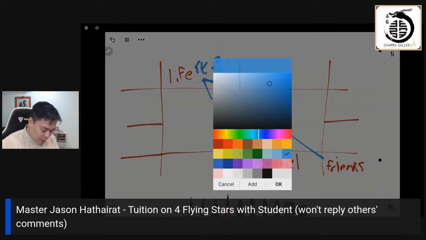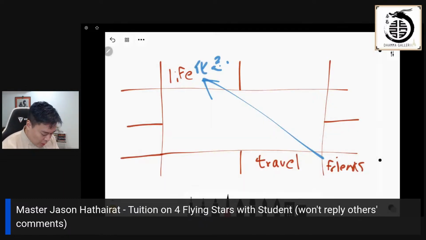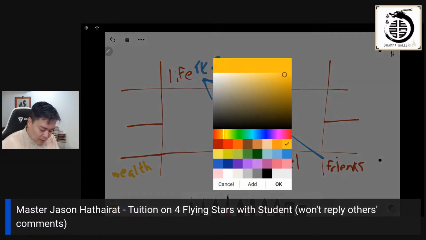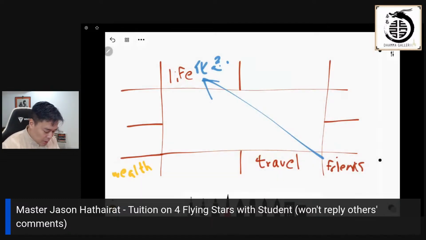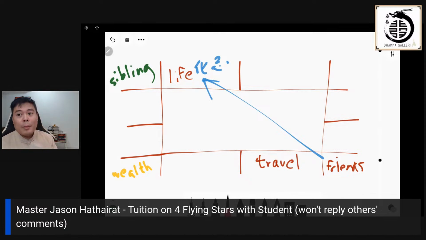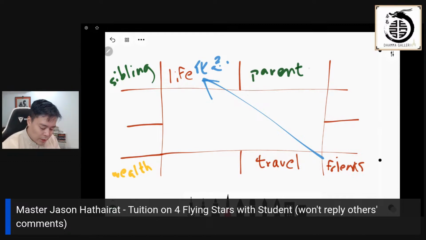To give you another example, this is the wealth domain. Let's say, okay, this is your siblings domain. This will always be your siblings domain, by the way, because the first domain to the left is always your siblings domain, when you look at the 紫微斗数 birth chart from your own angle. This will always be the parents. Okay, you should know all this by heart already.